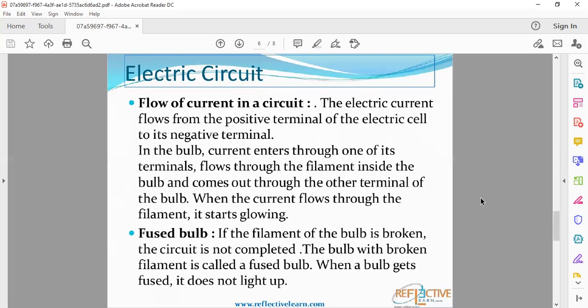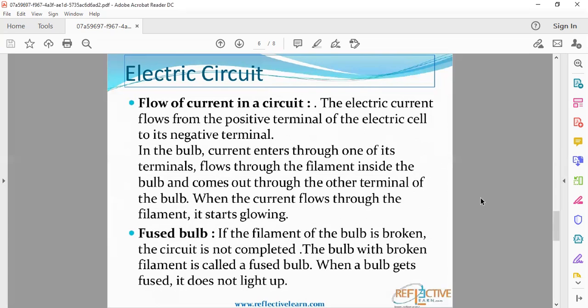And when a bulb gets fused, it does not light up. The bulb will not glow if the filament is broken, and if the filament is broken, then we can say that this bulb is fused. So if the bulb does not glow, we first have to check its filament.